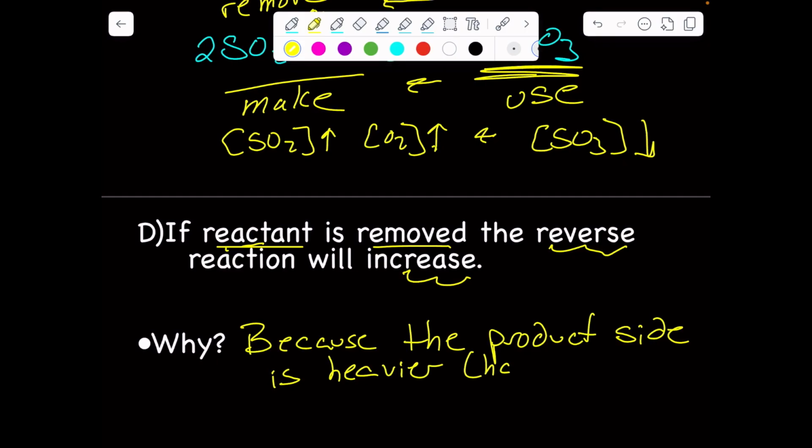Or has extra. And you really shouldn't have to memorize this part. You should be able to talk yourself through the examples.